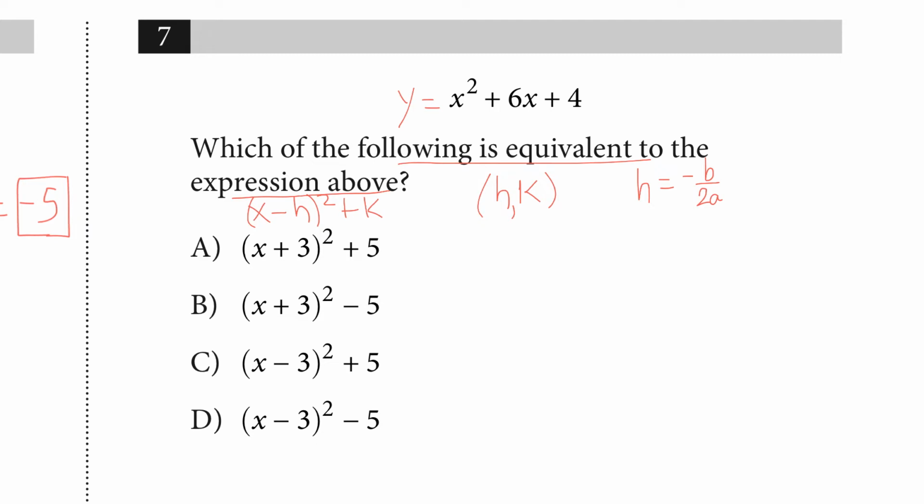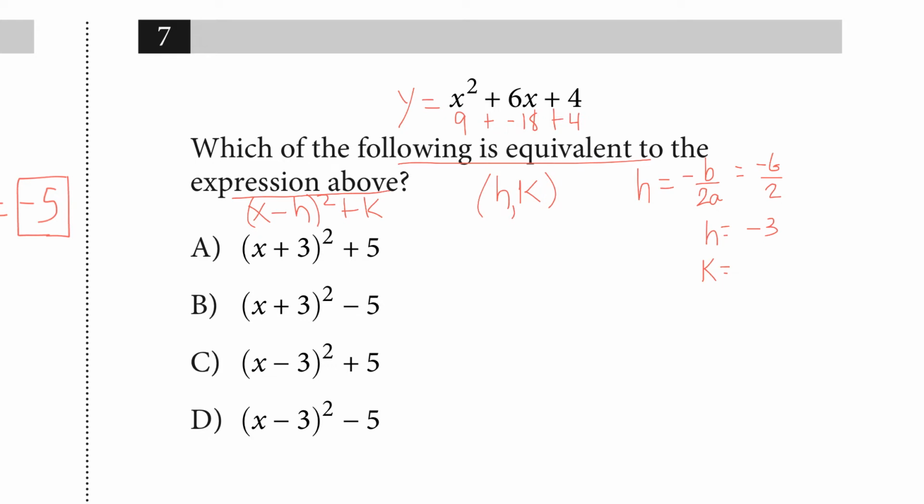That would be h is negative b, so that would be a negative 6 over 2 times a. So that means that h is negative 3. Well, if h is a negative 3, what's k? If you plug in a negative 3 here, negative 3 squared is 9, plus 6 times a negative 3 would be negative 18, plus 4.